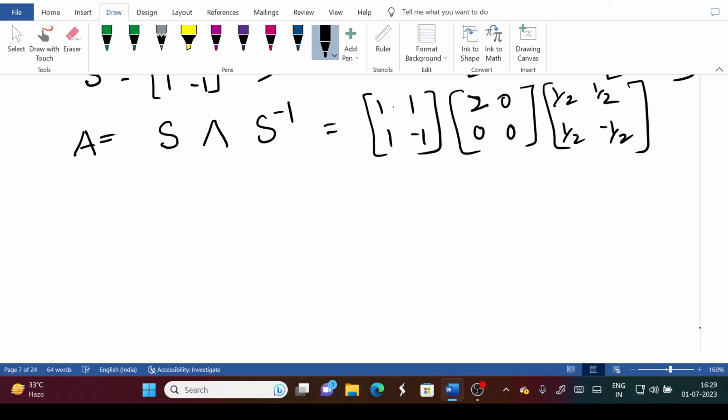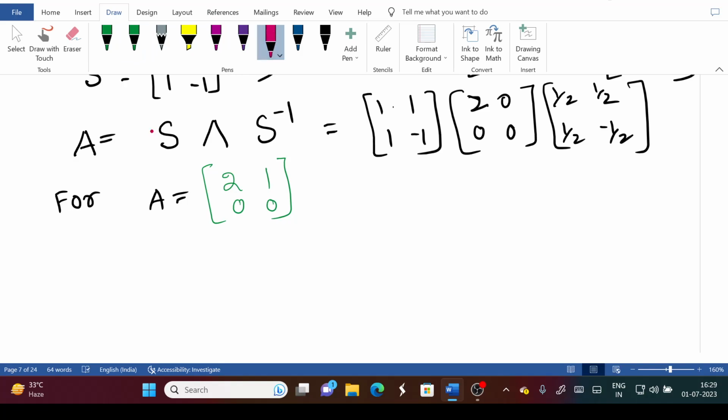Now for the second matrix, what was the second matrix? A is equal to [2, 1; 0, 0]. This is my second matrix.